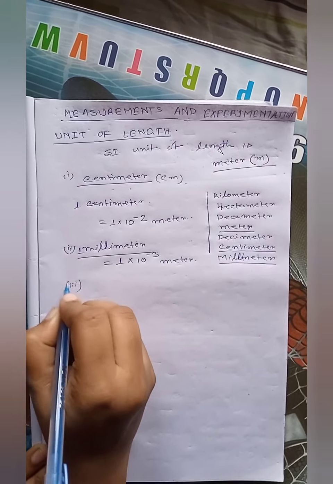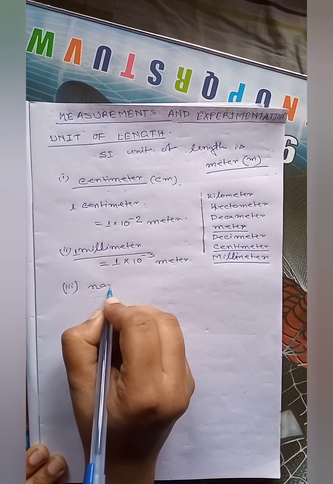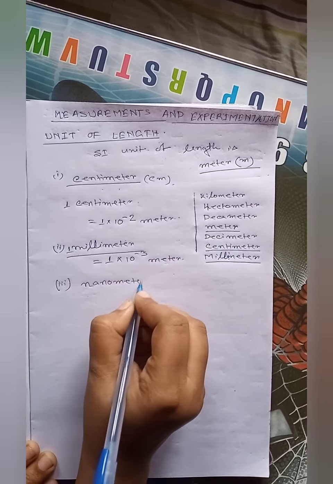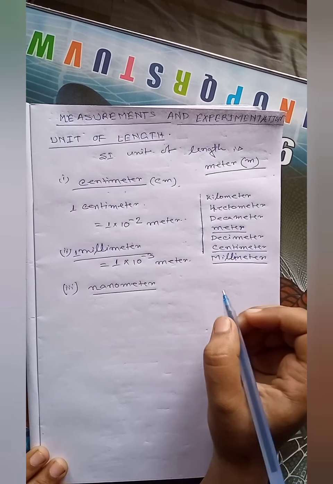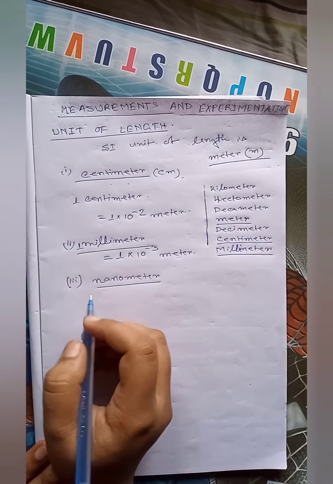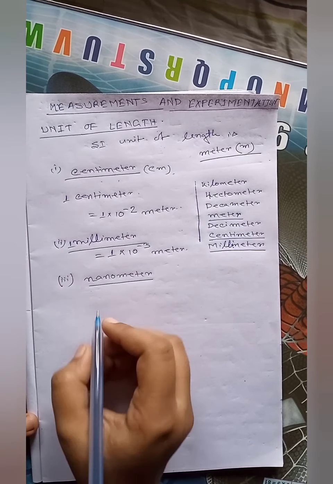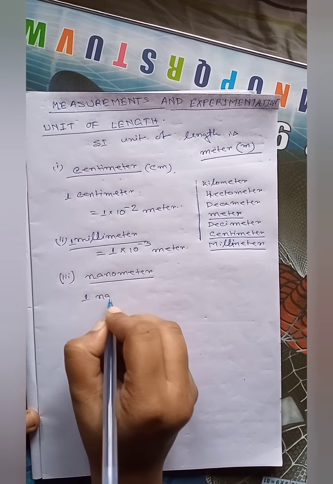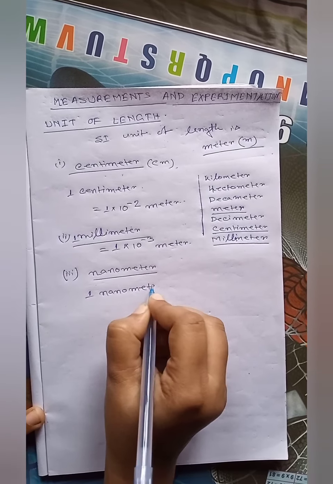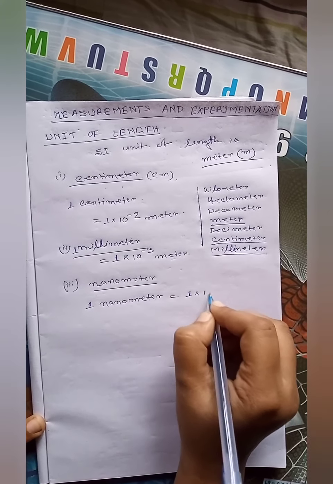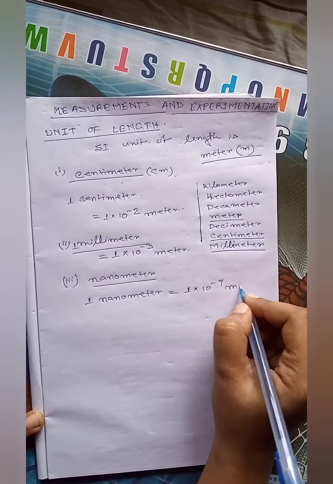Number 3, nanometer. In my previous video, we saw that the meaning of nanometer is 10 to the power minus 9. That's why 1 nanometer equals 1 into 10 to the power minus 9 meter.